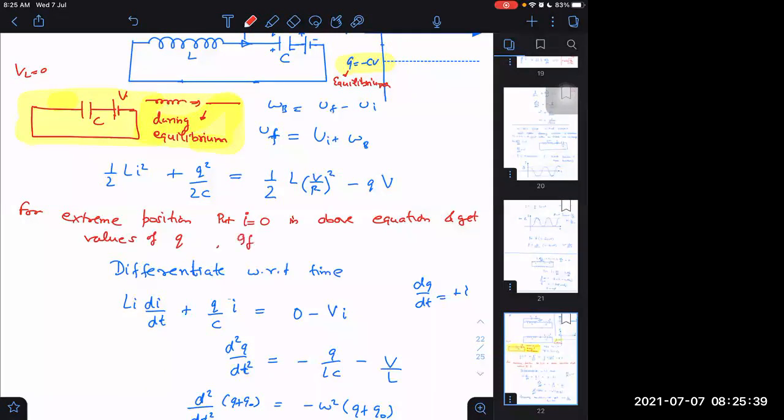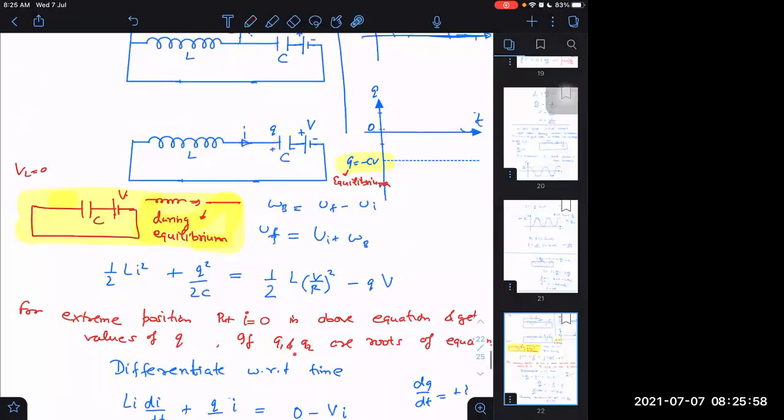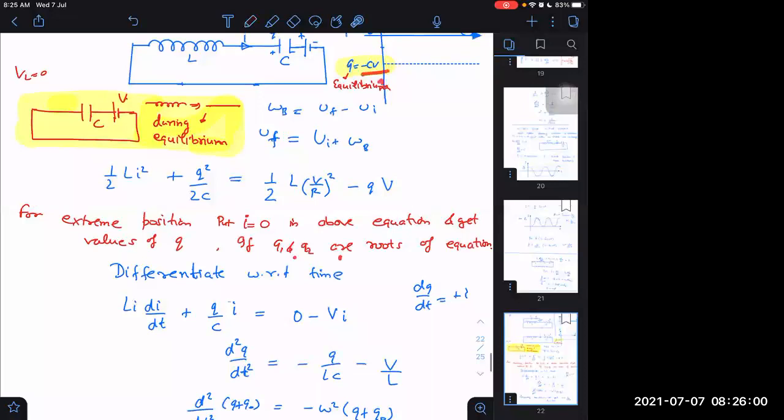If Q1 and Q2 are the roots of the equation, then what will be the amplitude? Amplitude will be Q1 minus Q at equilibrium position or Q2 minus Q at equilibrium position.